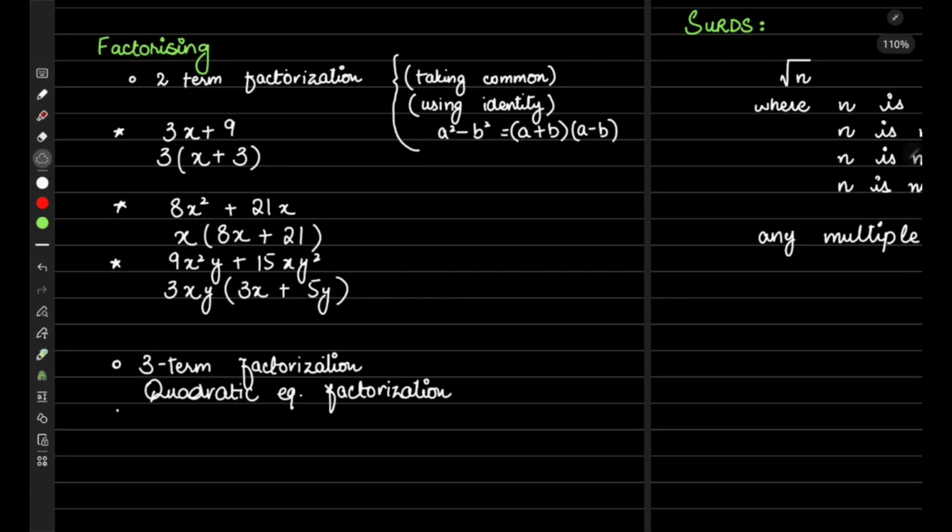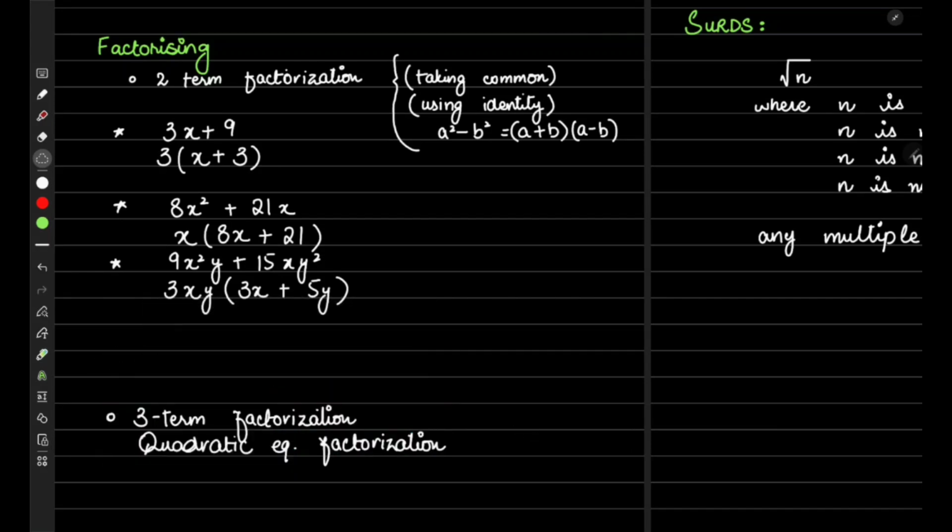One last type of two-term factorization could be the use of identity. If you have 9x square minus 25, that is actually giving you a square minus b square.